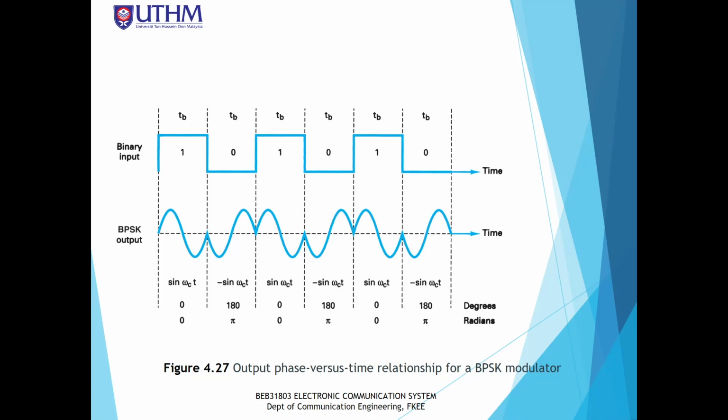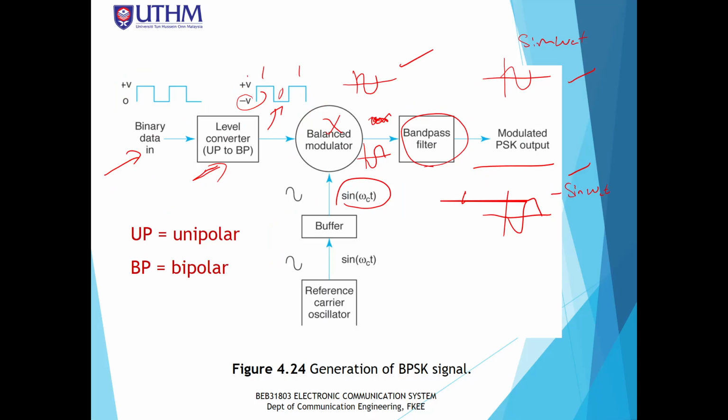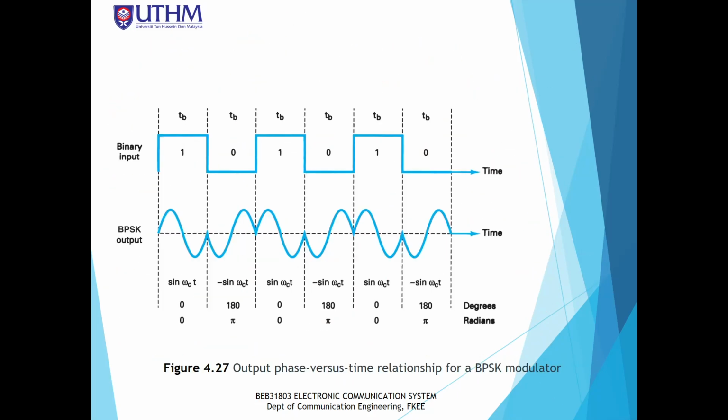Remember, as we have learned previously, input logic 1 will produce positive sign, and input logic 0 will produce negative sign. Input logic 1, positive sign. Input logic 0, negative sign.